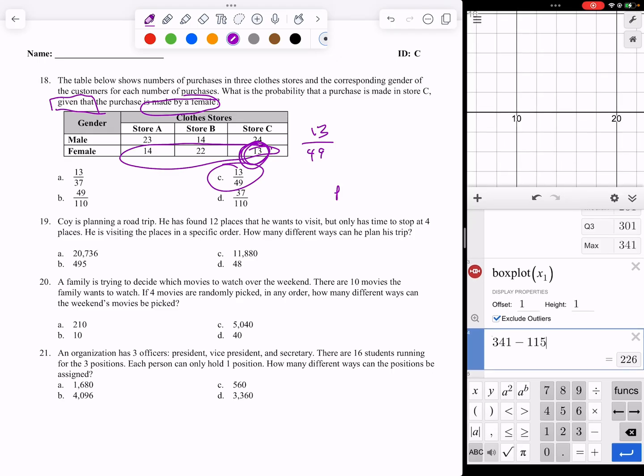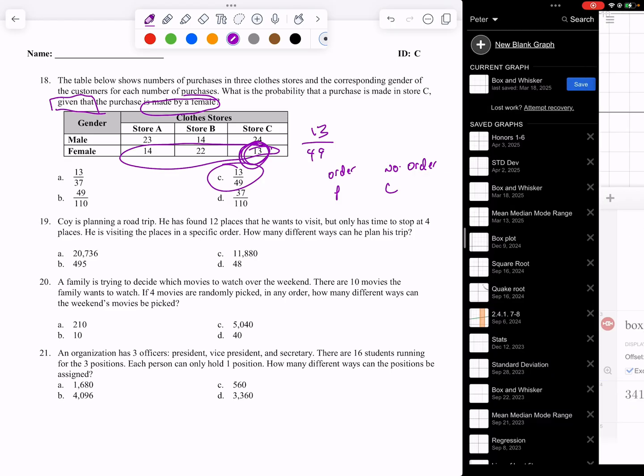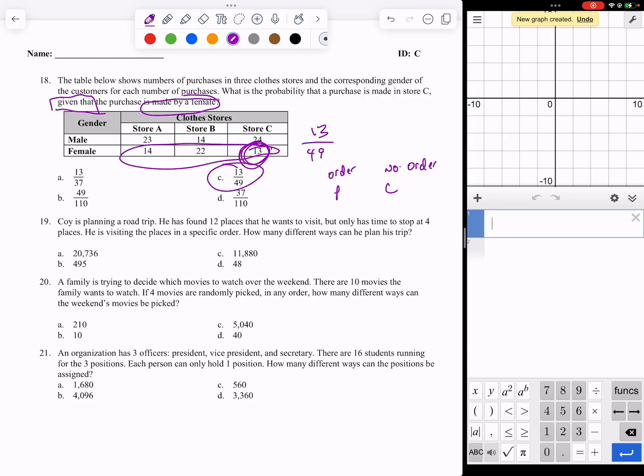All right, combination, permutation. Permutation, order. Combination, no order. 12 places.